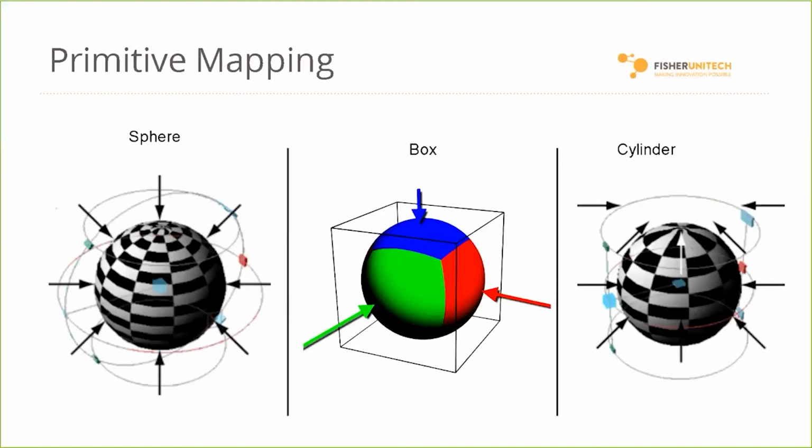So then there's primitive mapping. Primitive mapping is really just taking this concept and applying it to primitive objects. So a sphere or a box or a cylinder will all correspond to their own primitive mapping.